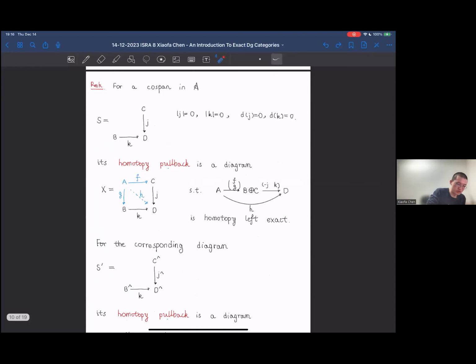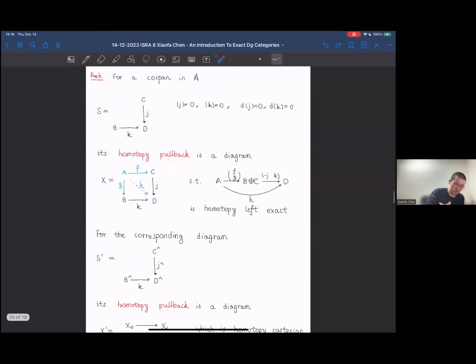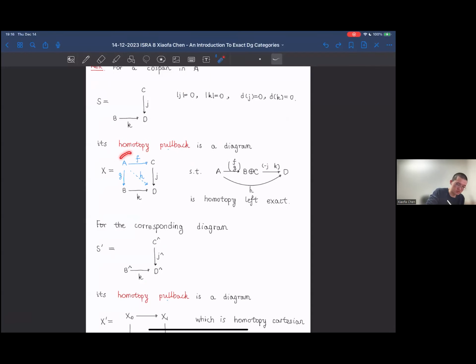For a cospan in the DG category A, so our B, C, D are objects in A, not A-modules, and such that these two morphisms are closed of degree 0, we define its homotopy pullback to be a diagram in A, such that this sequence is homotopy left exact, because H is a homotopy between the composite of these two.